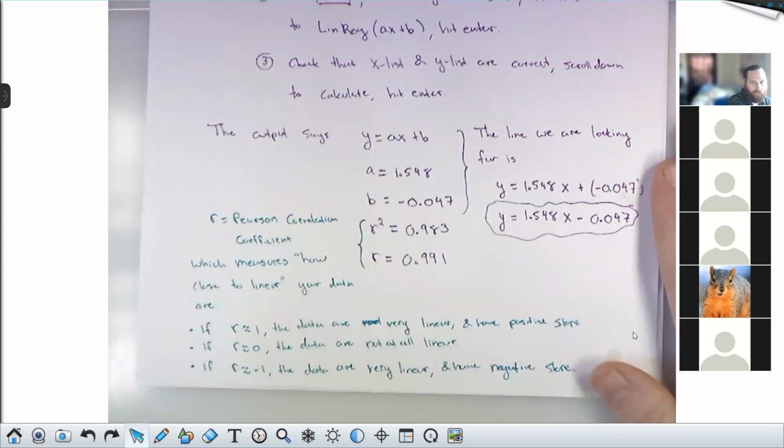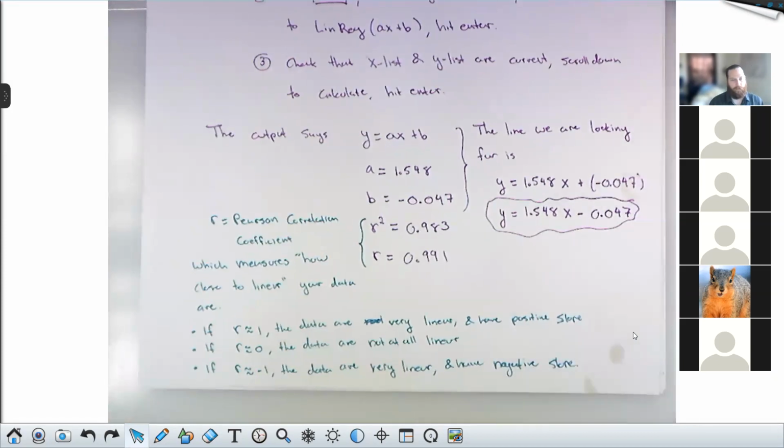And it's really R that we calculate, that we think about usually. R is always a number between -1 and 1. If R was exactly +1, that means that data is exactly linear, like actually lives on a line, and that line is positive slope. If R were exactly -1, that would mean the data are exactly linear, and that line is negatively sloped.